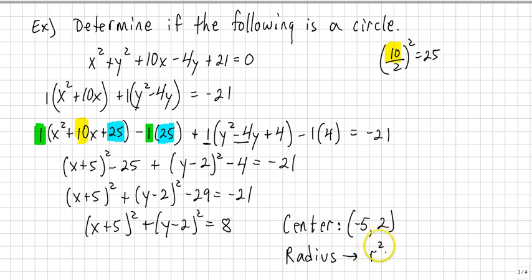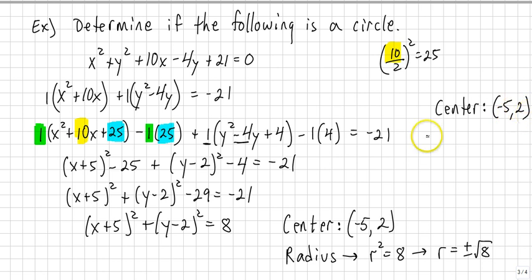So r squared is 8, which tells me the radius, after you square root both sides, will be positive or negative square root of 8, which we can simplify. So our center is negative 5, positive 2, and our radius, you've got to remember the radius is a distance, it's a length.